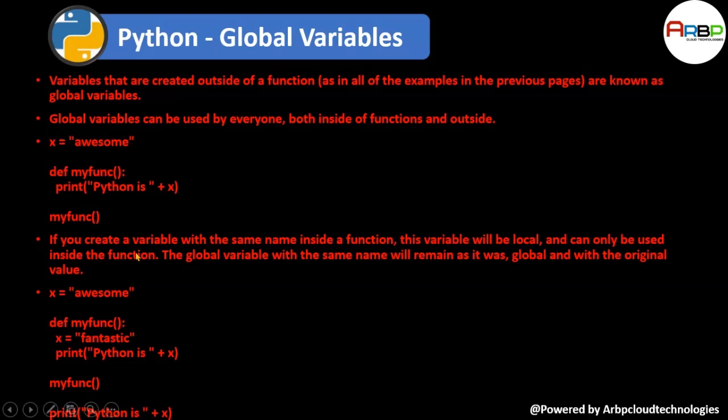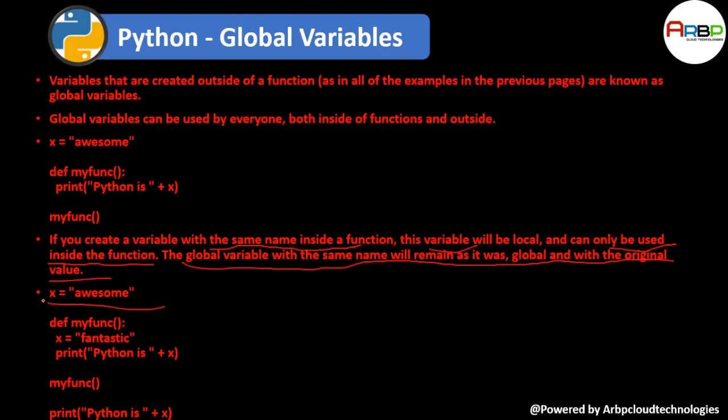If you create a variable with the same name inside a function, this variable will be local, and it can only be used inside the function. The global variable remains as it is, global, with the original value. Here is the example.